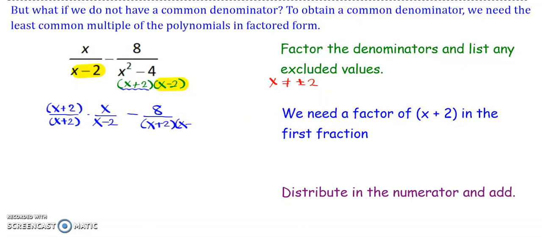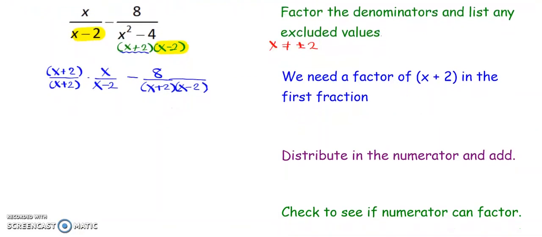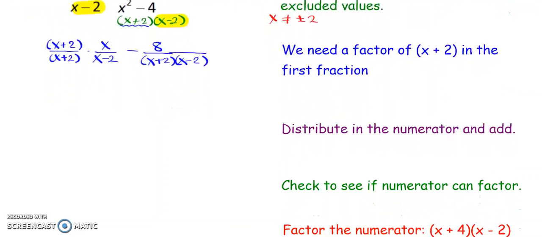The second fraction, we don't have to do anything with right now. So now we've got x squared plus 2x when we multiply these together, minus 8 over x plus 2 times x minus 2.